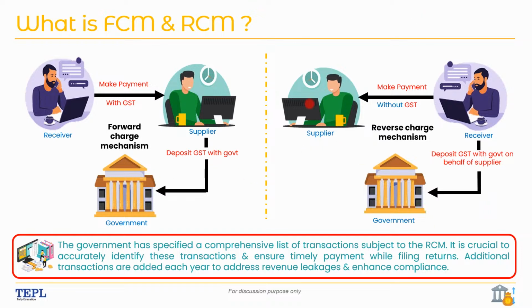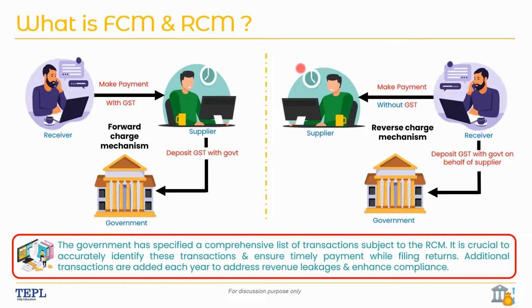Now, what is different is under reverse charge mechanism. Let's say I am an advocate and you come to me for certain professional advice. I would tell you as an advocate that my charges for this particular transaction is 1 lakh rupees. Please pay me 1 lakh rupees. So you as a customer pay me 1 lakh rupees, but the government says this transaction has not suffered GST.